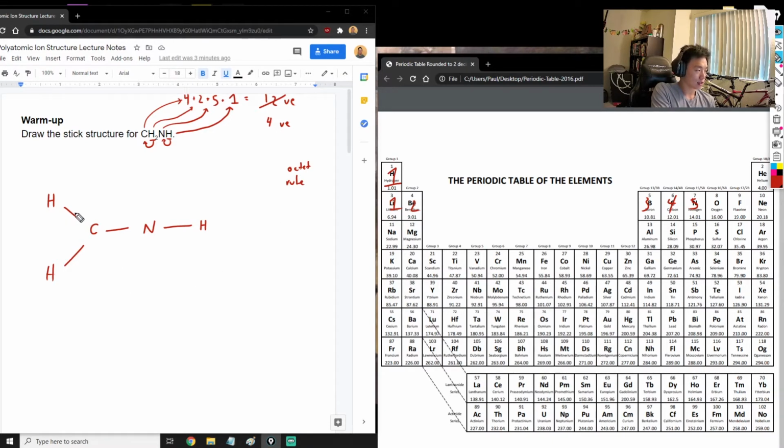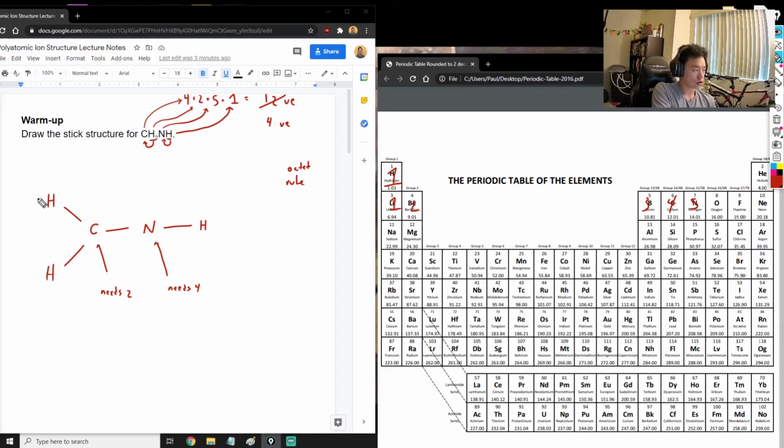So if we take a look at the carbon, carbon does not have 8. Carbon only has 1, 2, 3 lines, which means that it has 6. So carbon has 6. That means that this carbon right here needs 2. If we take a look at this nitrogen, we notice that it also doesn't have 8. It only has 1, 2 lines, which means that it needs 4, because it also wants 8.